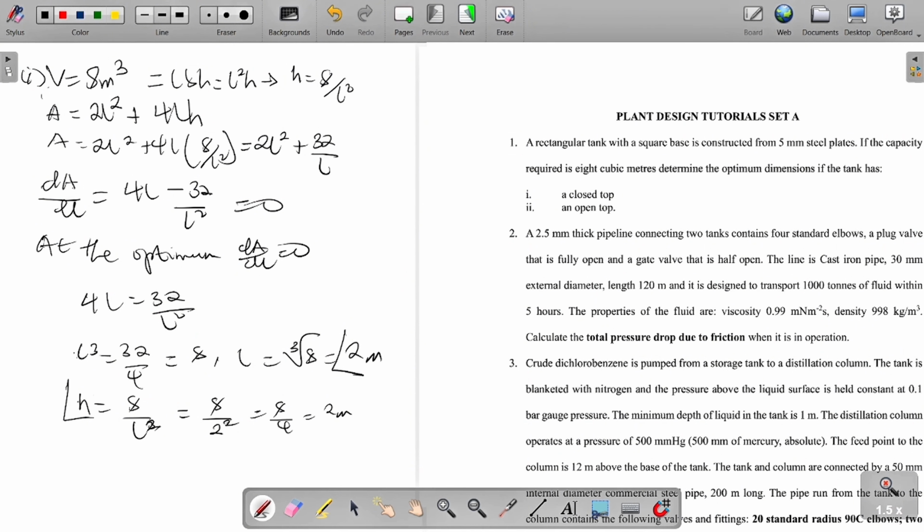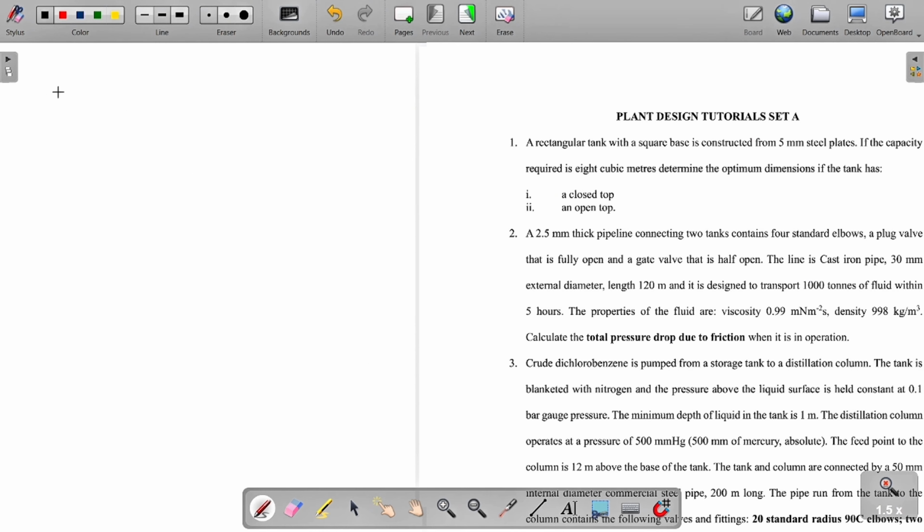But let's see when the tank has an open top. How do we approach this one? The volume of 8 cubic meters is L squared H. Making H the subject, I'll have 8 divided by L squared. Now the area. Since the top has been opened, you will have just the area of the base, which is L squared. You don't have any 2.